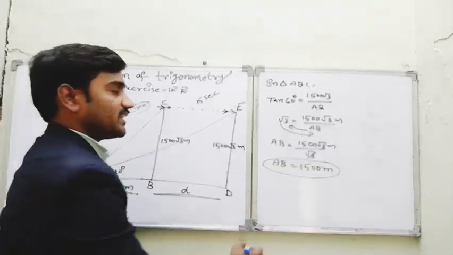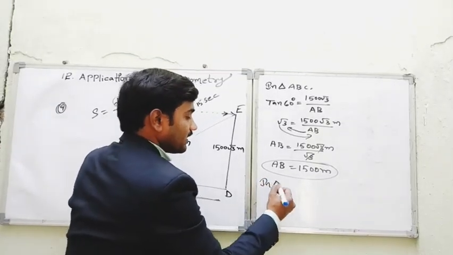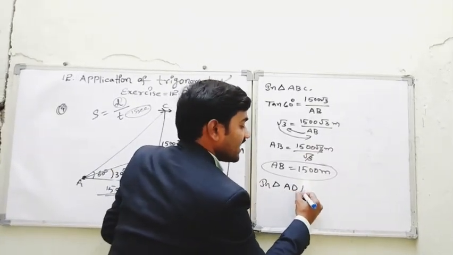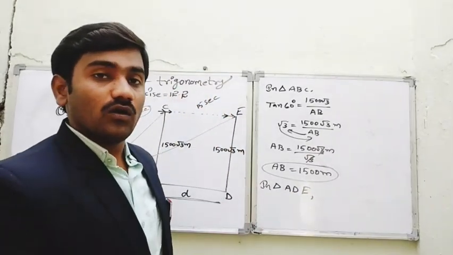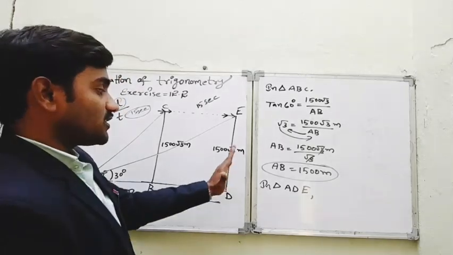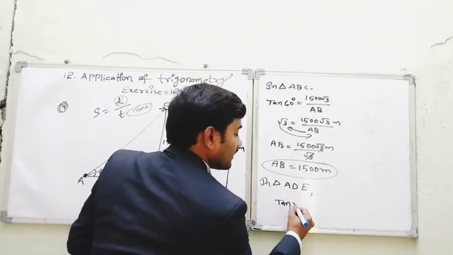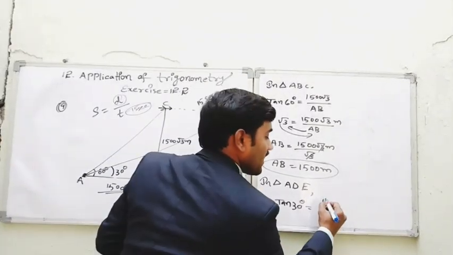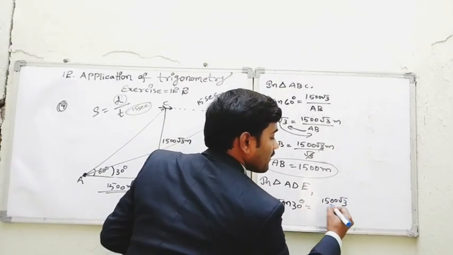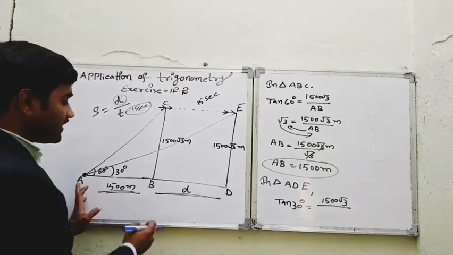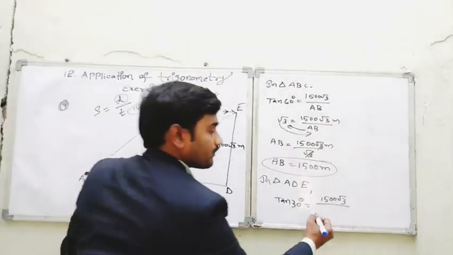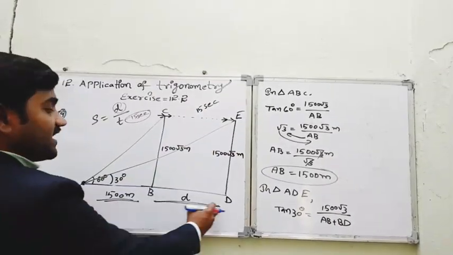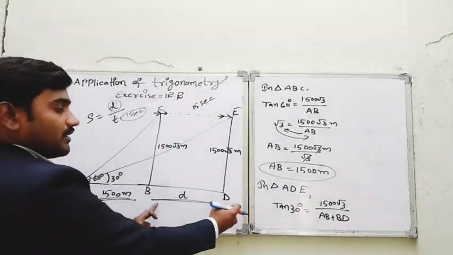Now let us take triangle ADE. Tan 30 degrees, since the angle of elevation is 30 degrees, equals 1500 root 3 by the distance, which is AB plus BD. AD equals AB plus BD.